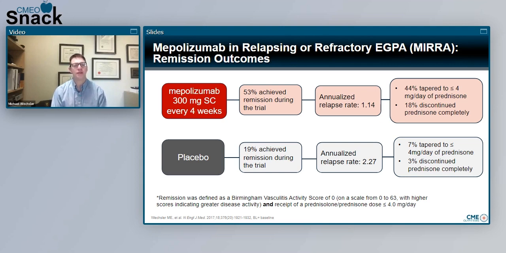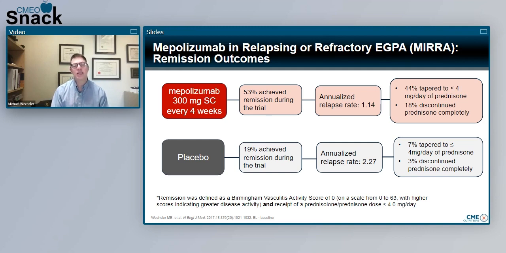And importantly, one of the other key attributes of this therapy was its ability to facilitate corticosteroid withdrawal and to prevent relapses. In this study, mepolizumab demonstrated the ability to reduce relapses by over 50%.